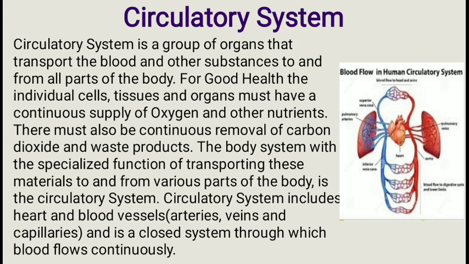Just as we have a supply of oxygen and nutrients required for the different parts of the body, the same way there must be a removal of carbon dioxide, known as CO2, and waste products. The body system with the specialized function of transporting these materials to and from various parts of the body is the circulatory system.